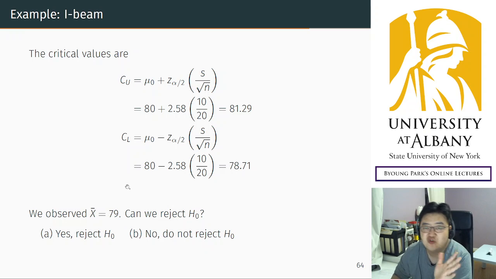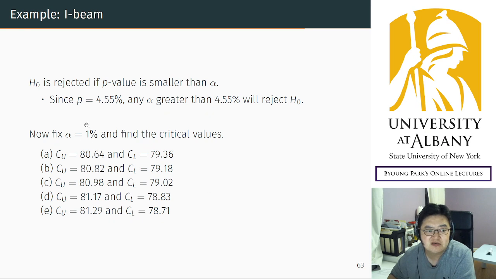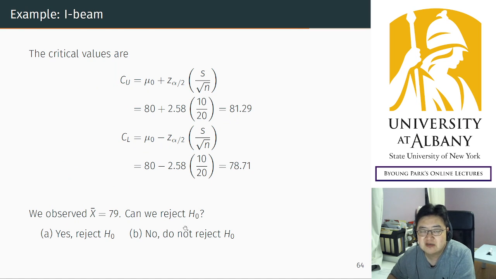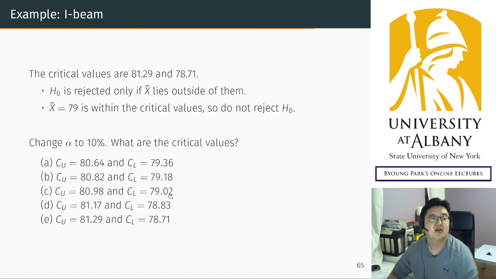Your observed sample average is in between those two critical values. And again, this is consistent because we considered the 1% significance level, so the result should be consistent with the p-value and t-statistic approaches. Yes, we did not reject the null hypothesis at 1%.